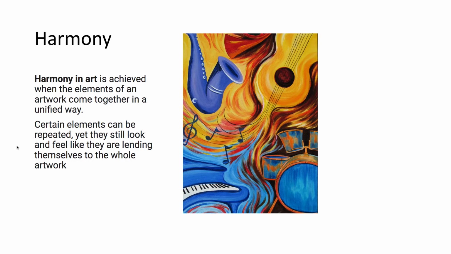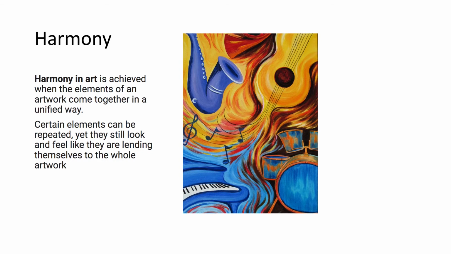Harmony. This is the last one in the slideshow. Harmony is something where you're thinking about similar objects. In this painting, it's all musical instruments, and that can create harmony. Or it could be all the same color, like all tones of blue can create harmony.